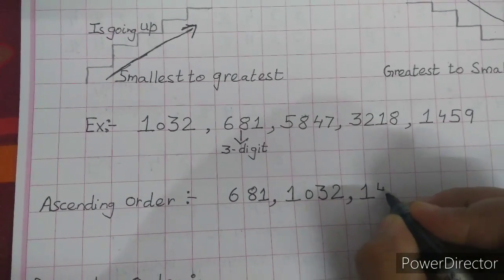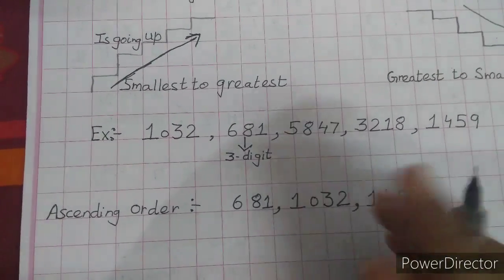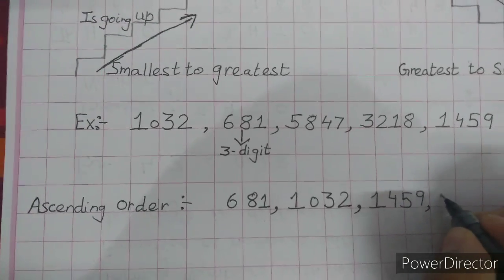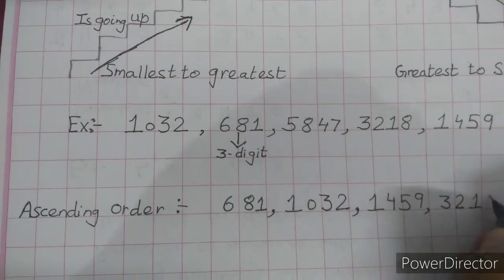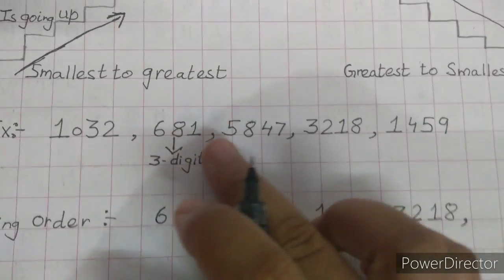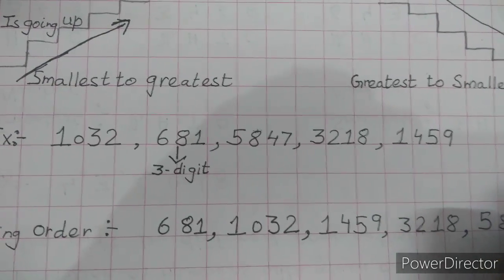We are moving from smallest to the biggest. After this, the number is 3218, and the last number will be 5847.